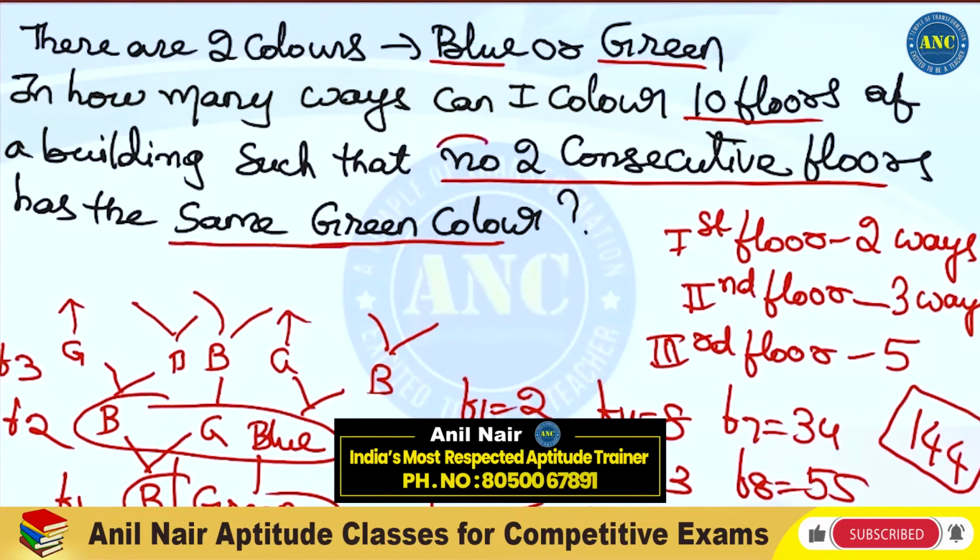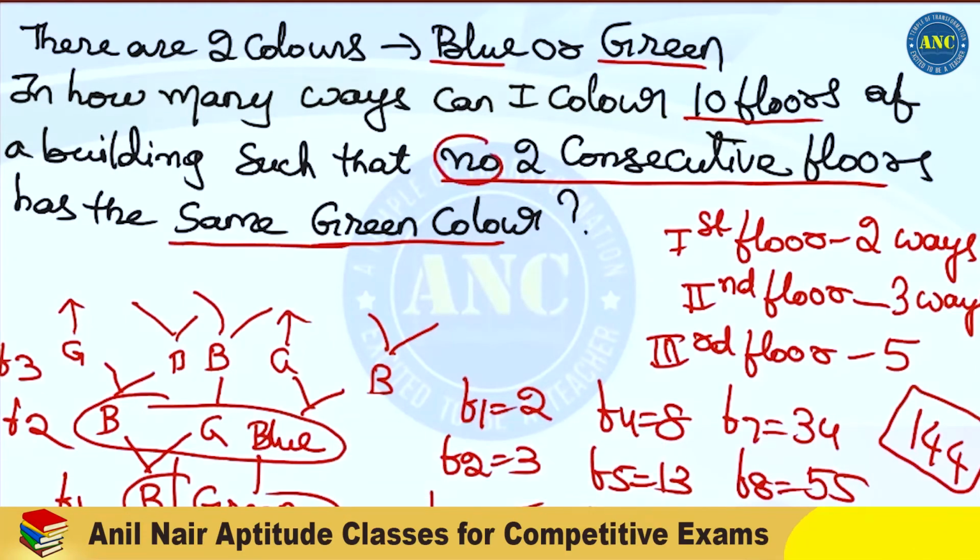The answer is also the same if the question is no two consecutive floors have the same blue color. The answer is 144.